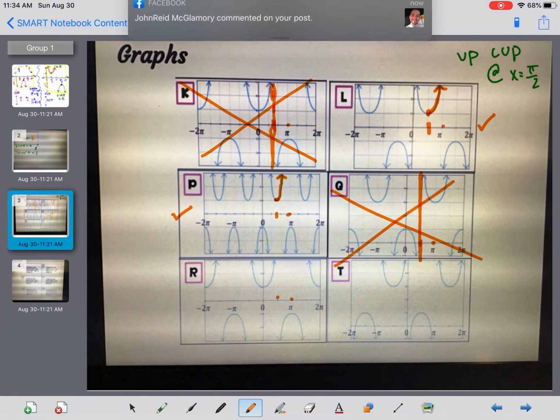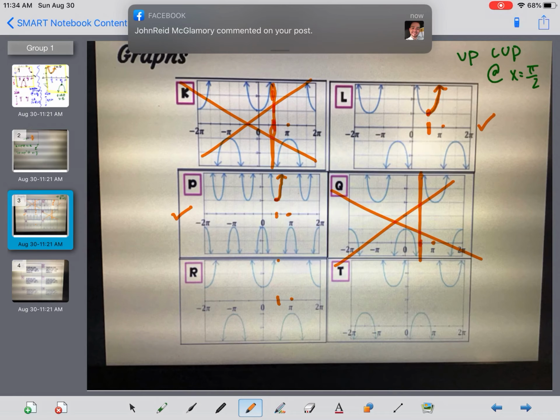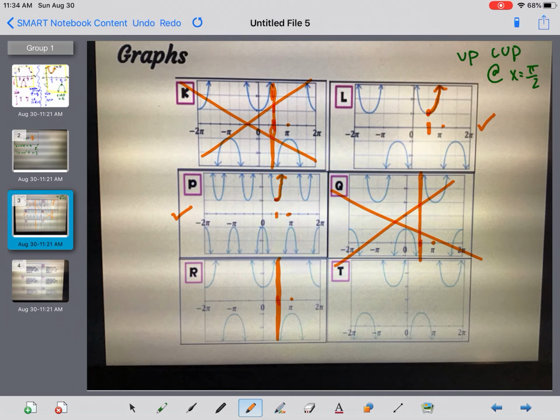Look at graph R. Again, if this is pi over 2, notice that you have a vertical asymptote there as well. That is not an up cup, so that cannot be this graph. Okay? Looking at graph T, you see how this is pi over 2. I see a down cup, which means that would be a negative secant.